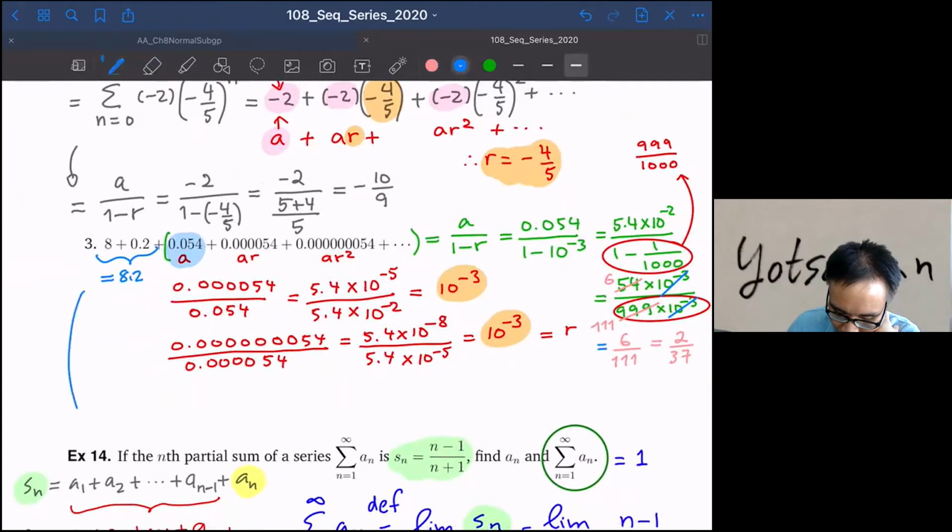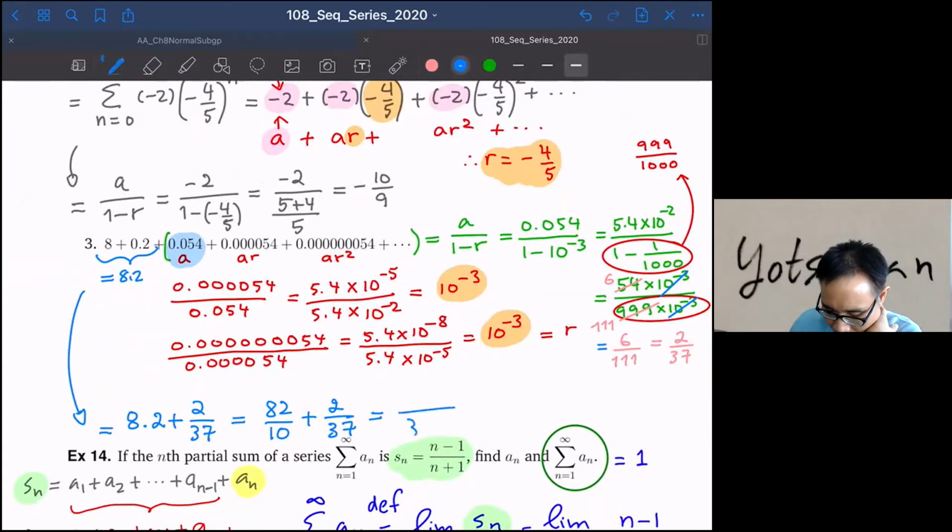Let me conclude that. This becomes 8.2 plus 2 over 37, so it's 82 over 10 plus 2 over 37. You just sum this as fractions. So it's going to be 370 on the bottom, and you have 82 times 37 plus 20 for your final answer, written in terms of a fraction.